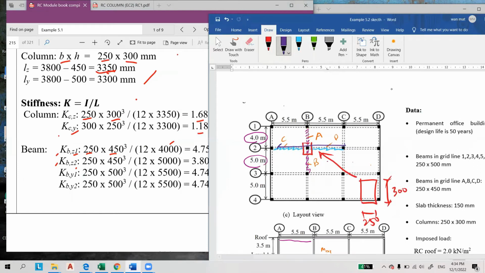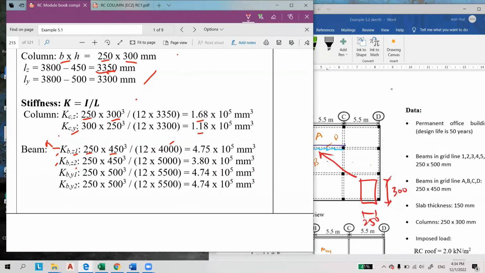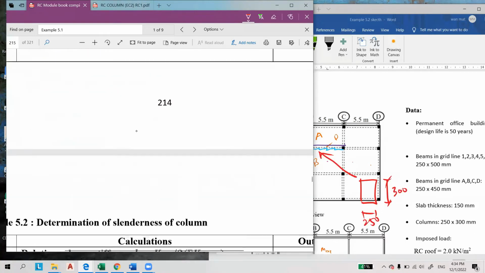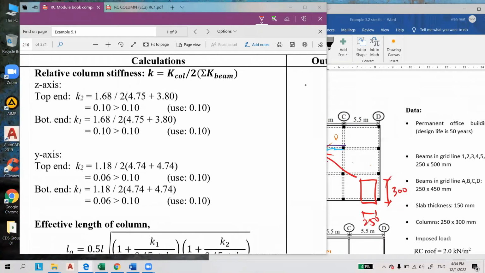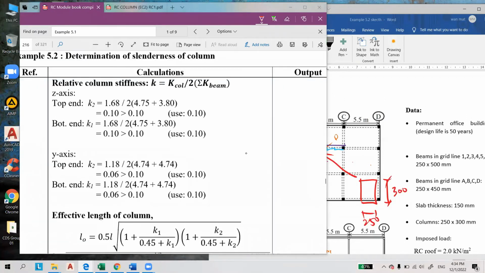Okay, this is beam A. This one is beam B, and this one is beam C and beam D. So the next step is to calculate this one. Okay, K for the Z axis.